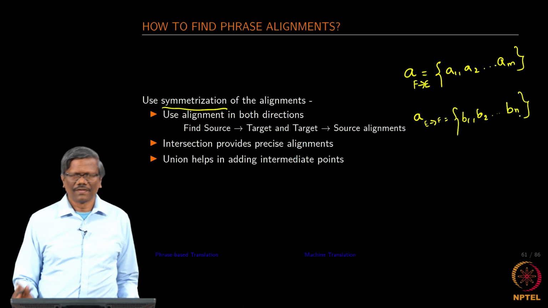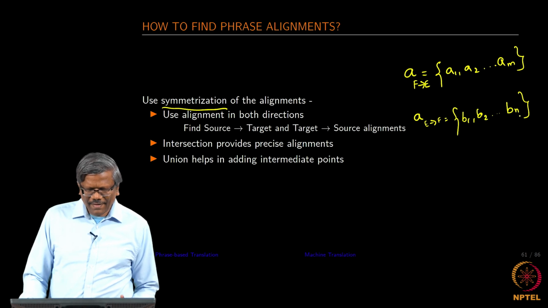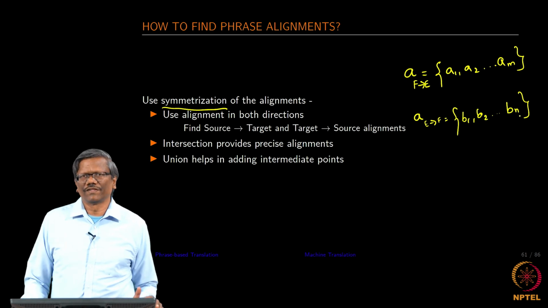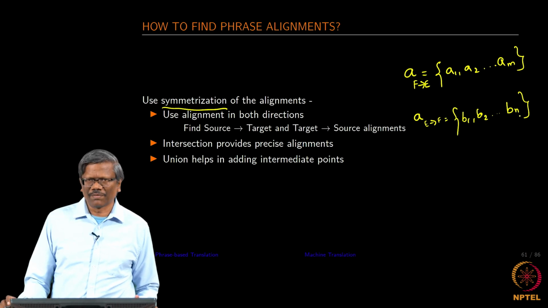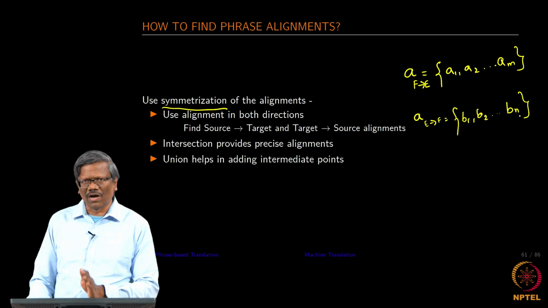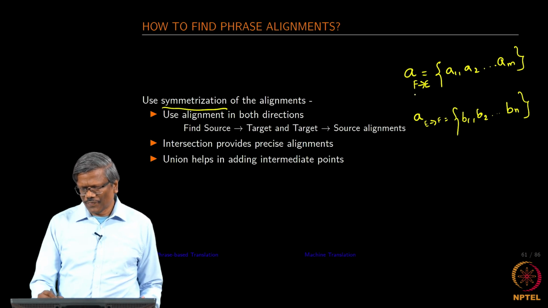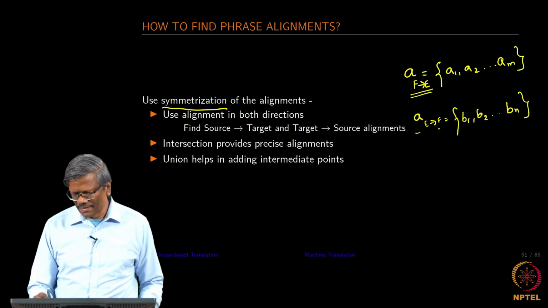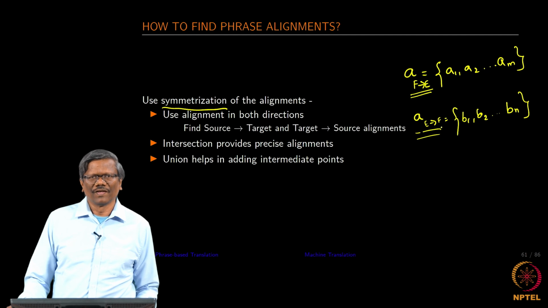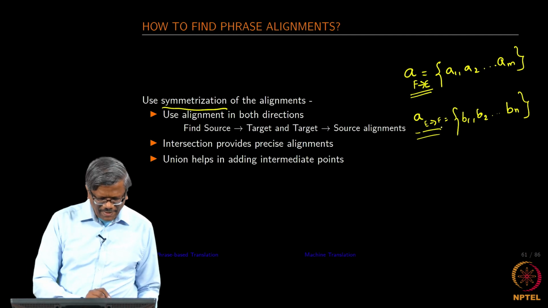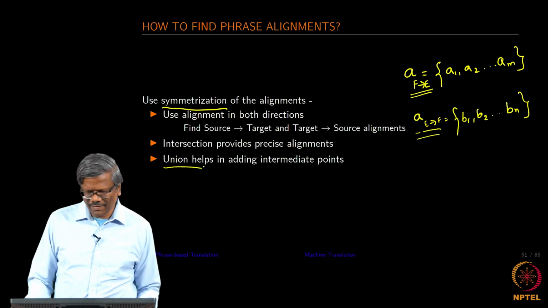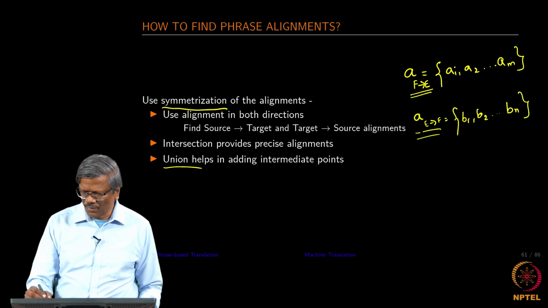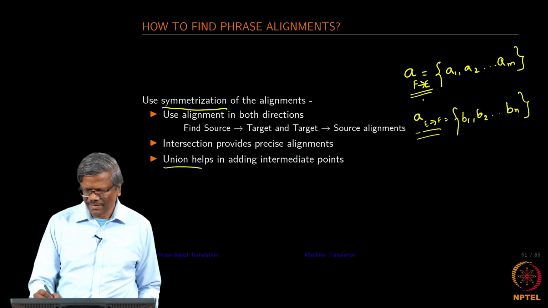Then take the intersection of these two. When you do the intersection, only those alignments that are common to both of these alignments are going to remain, and then later we take the union of those. That will give you all the alignments possible in both of these alignments.